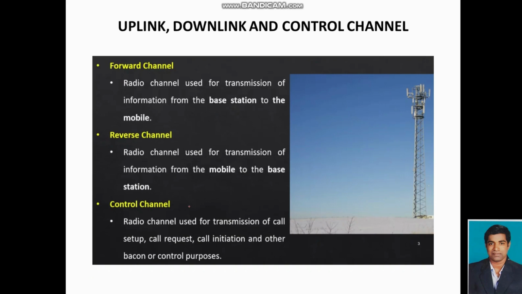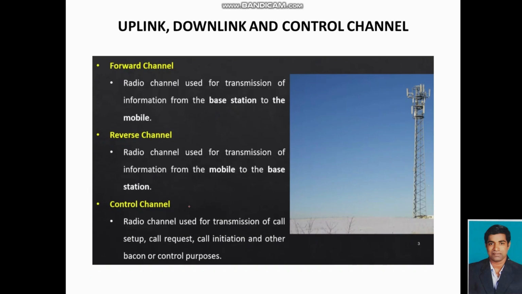In this slide, uplink, downlink and control channel part we are discussing. Forward channel, that means the radio channel used for transmission of information from base station to the mobile. Then this one is downlink.